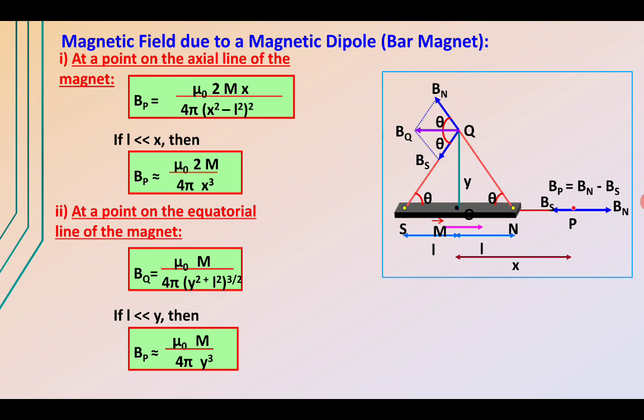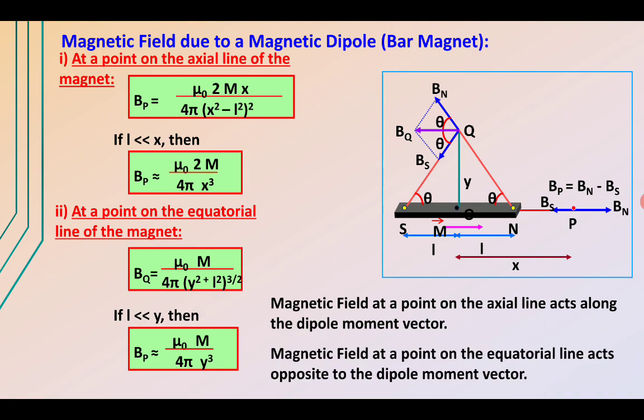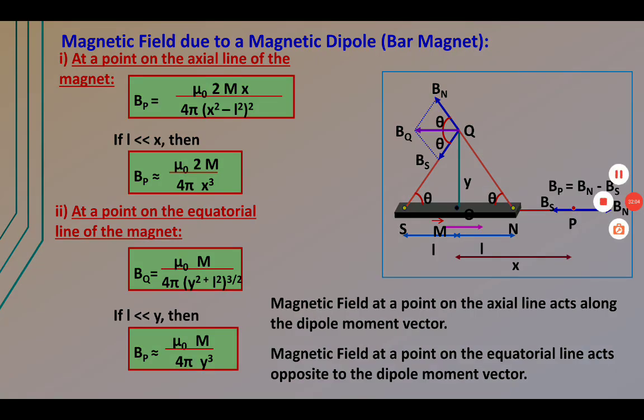So the magnetic field at a point on the axial line acts along the dipole moment vector, and the magnetic field at a point on the equatorial line acts opposite to the dipole moment vector. These are the cases we have already discussed for the axial and equatorial lines.